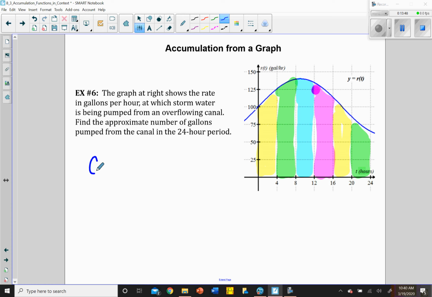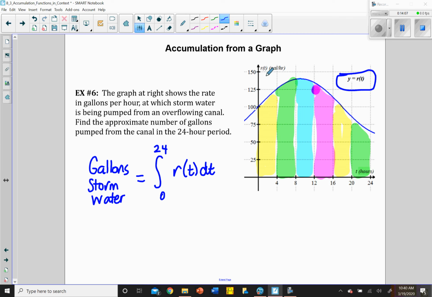So the gallons of stormwater can be estimated over that 24-hour period by integrating the rate. See, they're telling us this is a rate, checking the units on the x and the y-axis.